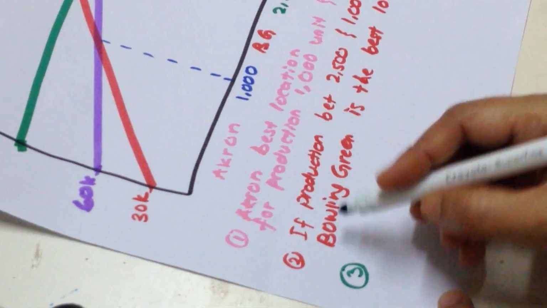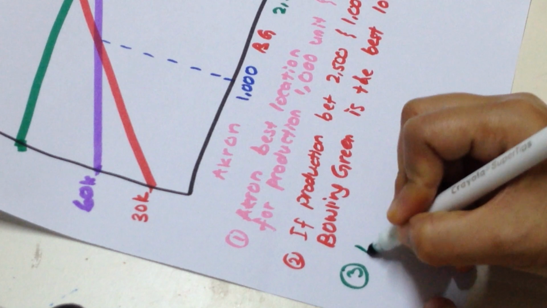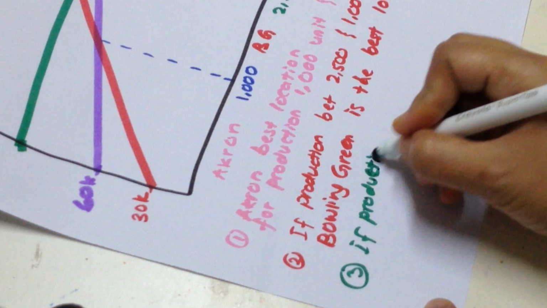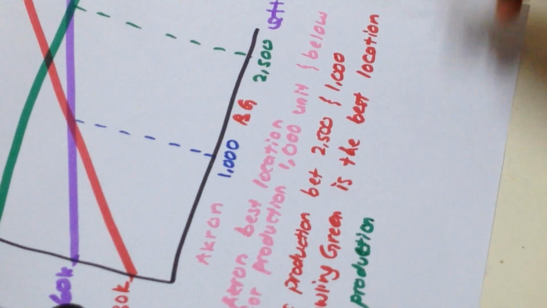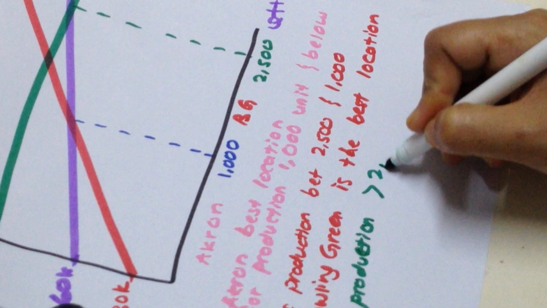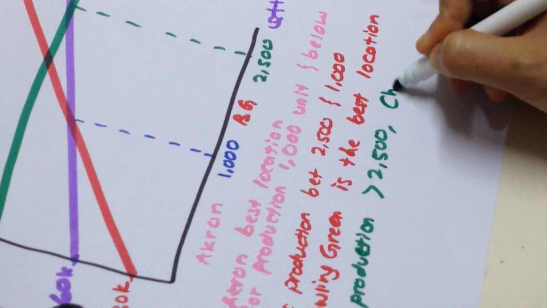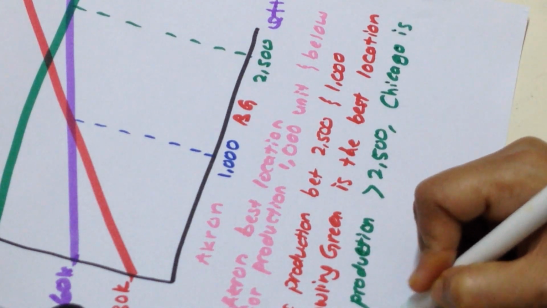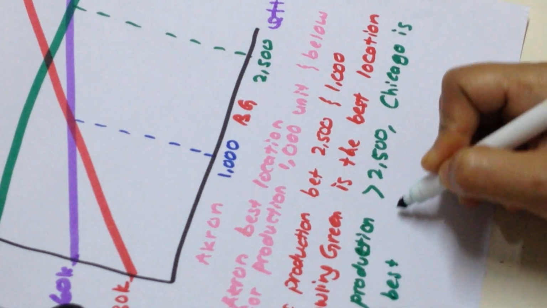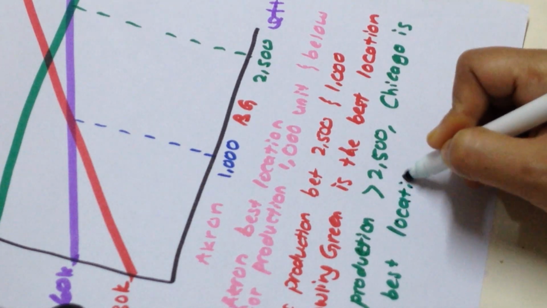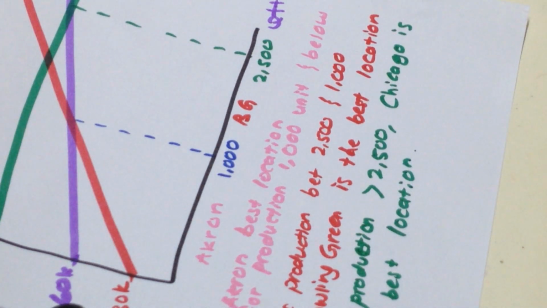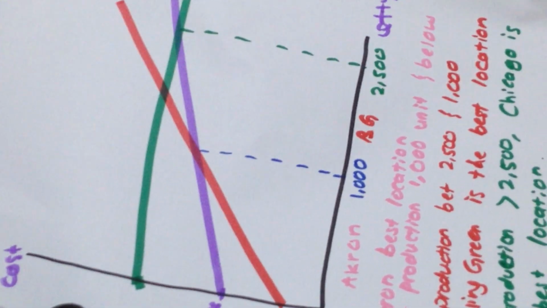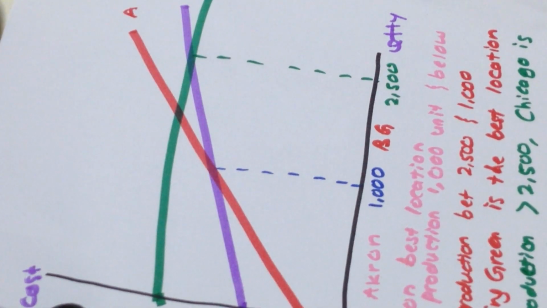If your production is more than 2,500, Chicago is the best location. Okay, that's it. That is how we interpret the graph or the calculations on locational break-even analysis.